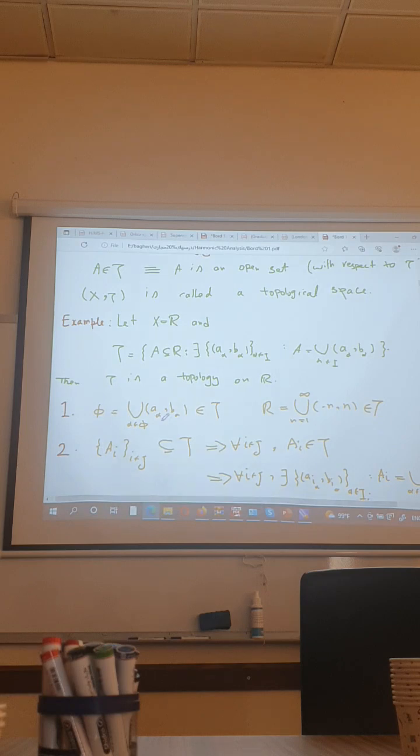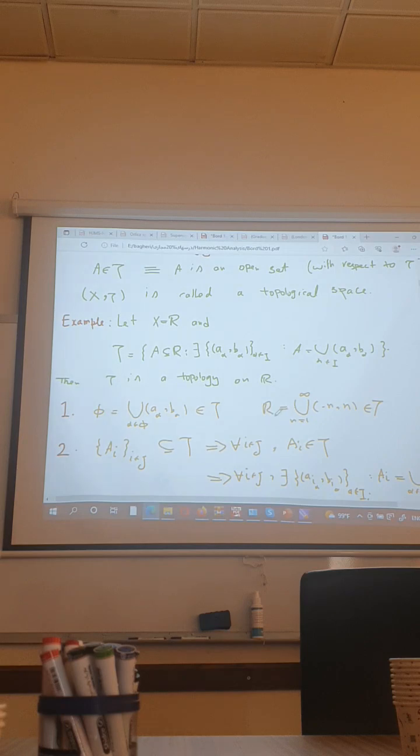At first, we see that the empty set belongs to tau because we can consider this index set equal to the empty set. If I equals the empty set, this union equals the empty set. So the empty set belongs to tau.